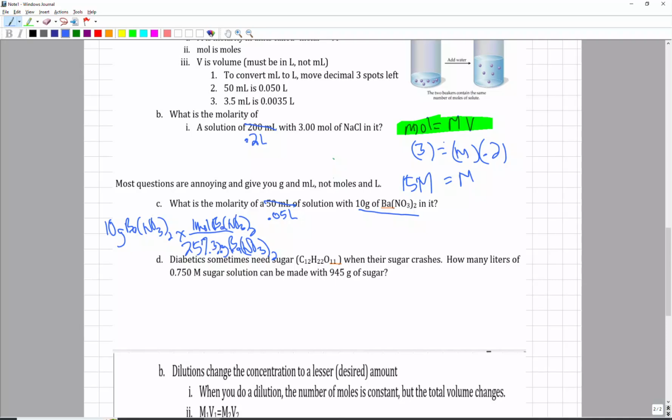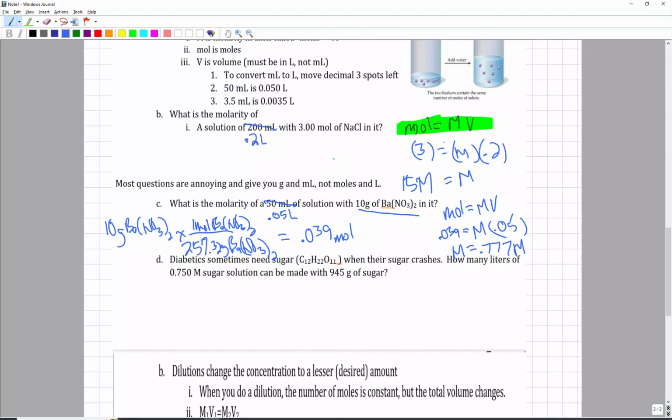Then 10 divided by that is 0.038 moles. So again, moles equals MV. 0.038 equals molarity times my volume, 0.05. So that answer divided by 0.05 is 0.7777777.